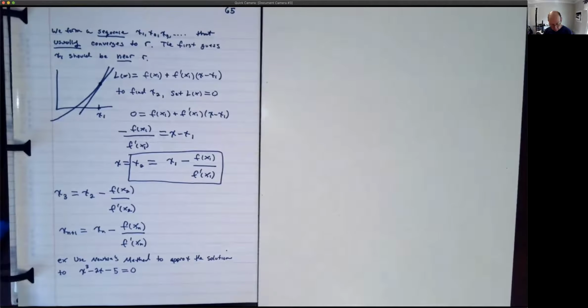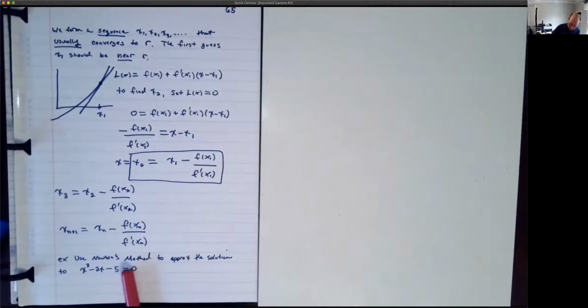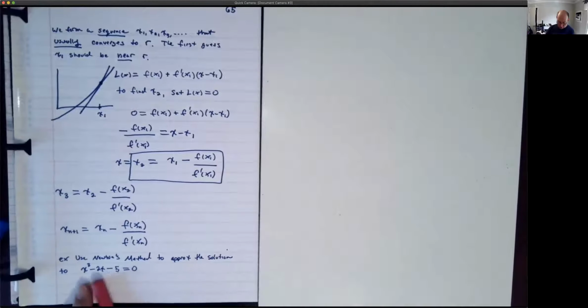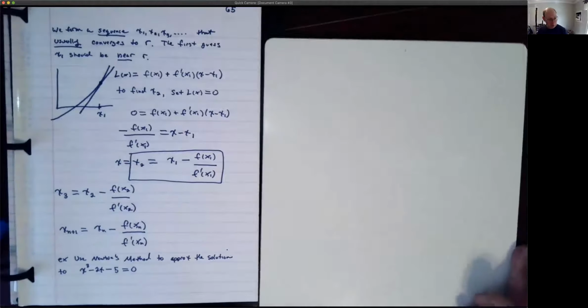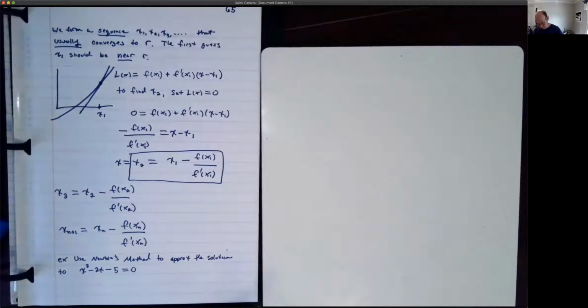Okay, so let's use Newton's method to approximate the solution to x cubed minus 2x minus 5. First we need a guess. It doesn't matter what you start your guess at.